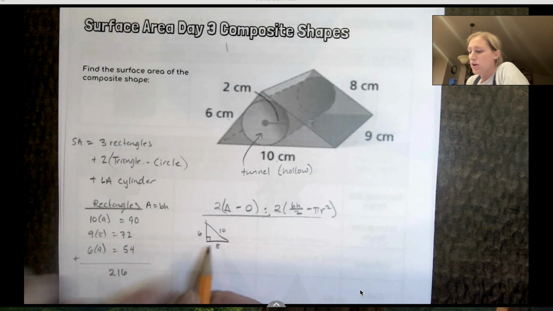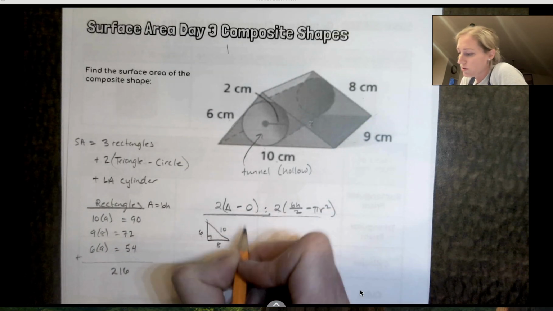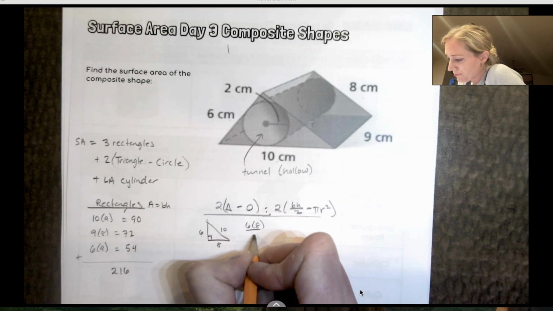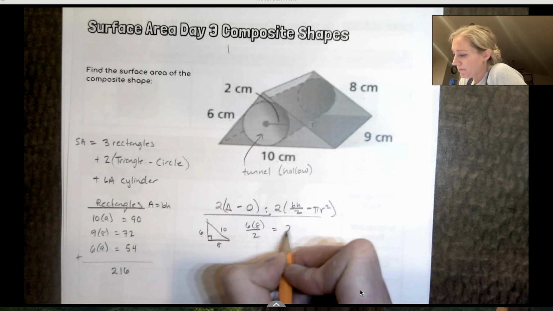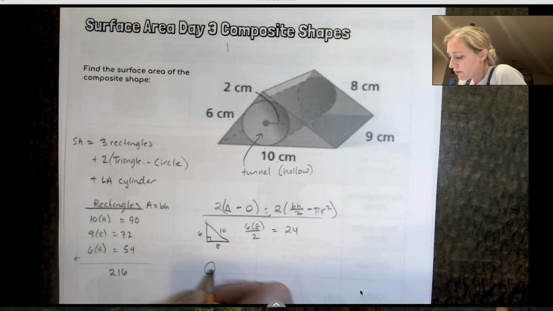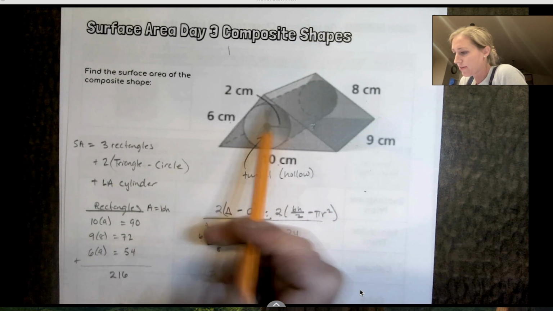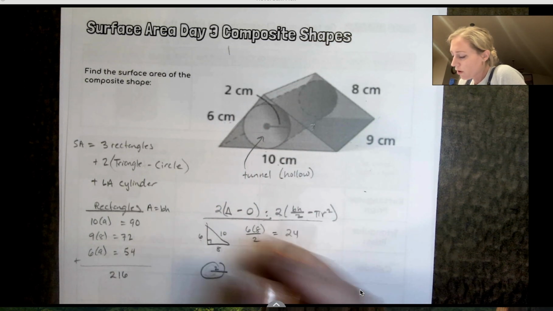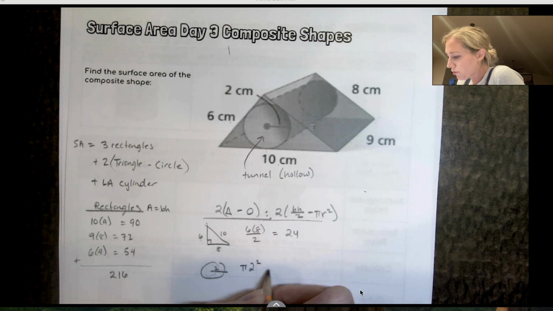So we got 6, 8, 10. It's a right triangle. If I look at it like this, base times height divided by 2 is 6 times 8 divided by 2. What do I get there? I get 24. Then we are going to subtract the circle. We need the radius, and they're giving me that dimension right there, which is 2. So our area is pi times 2 squared, which is 4 pi.